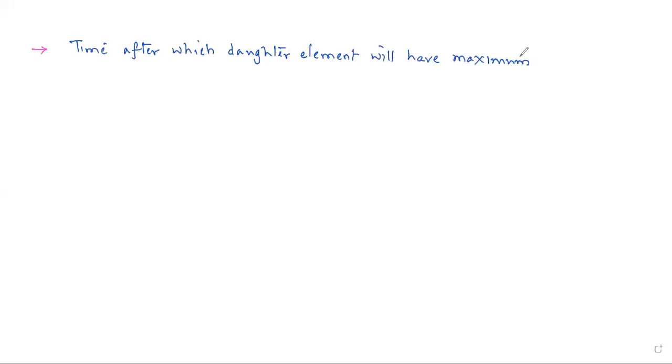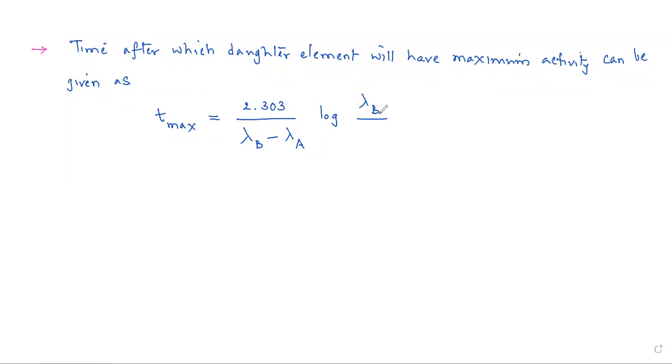One more very important thing, that is the time after which daughter element will have maximum activity can be given as Tmax, nothing but 2.303 by lambda B minus lambda A into log lambda B by lambda A. This is a very important relation.